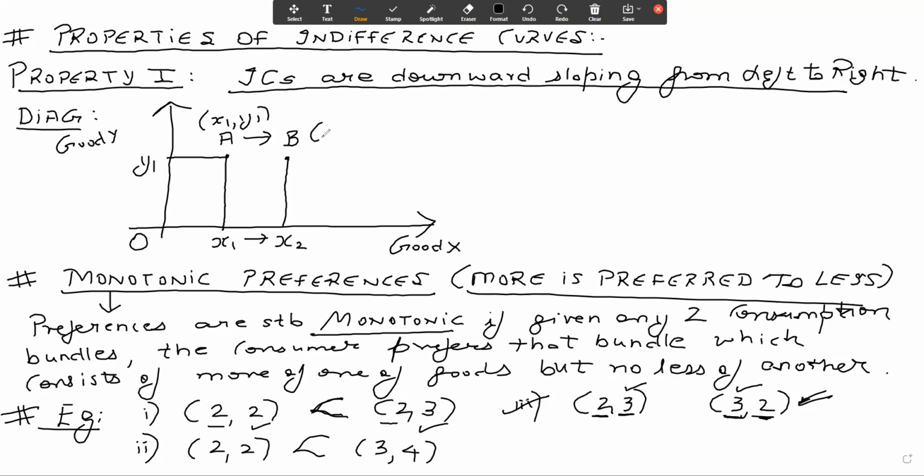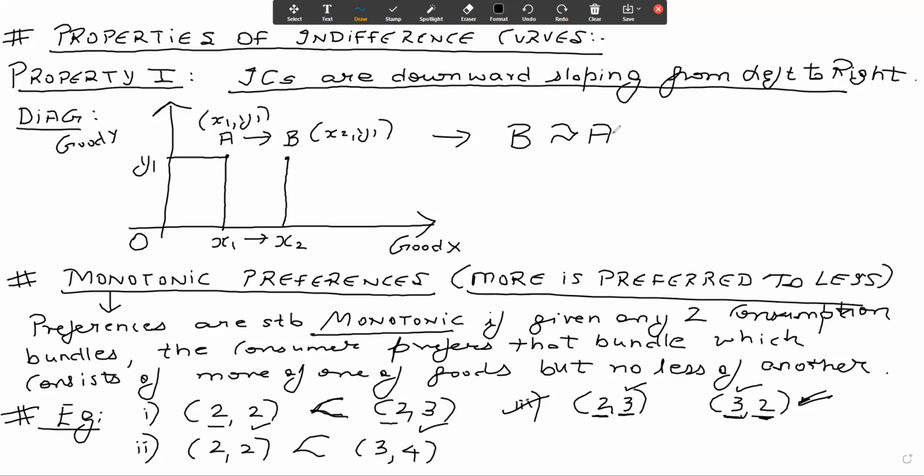The coordinates of point B are (x2, y1). Applying monotonic preferences in this diagram, bundle B consists of more of good X, but no less of good Y. So clearly, bundle B is monotonically preferred over bundle A. It means the consumer will prefer bundle B over bundle A.